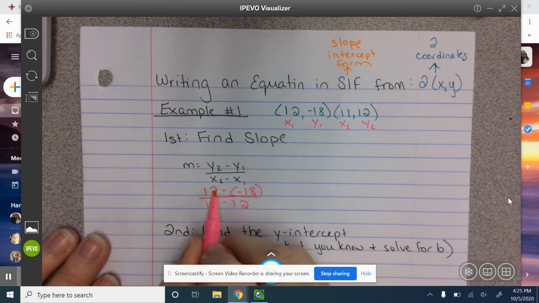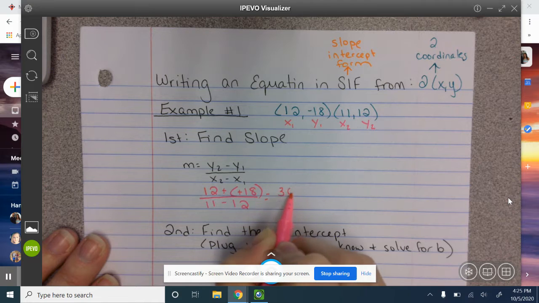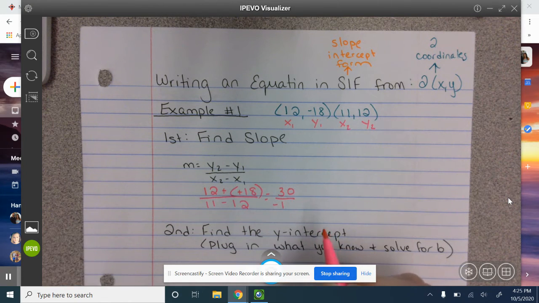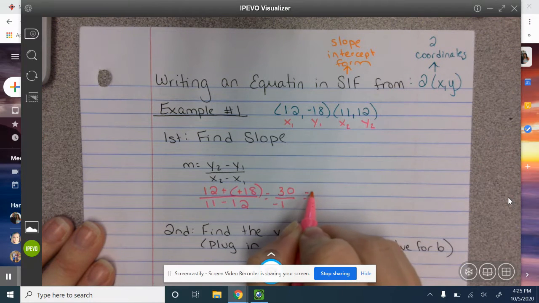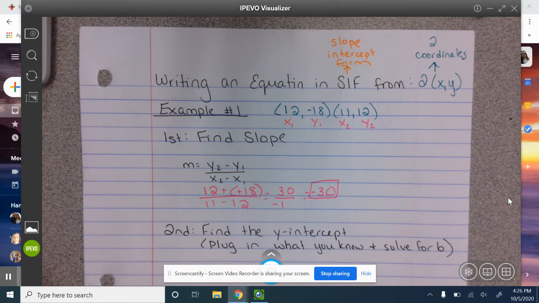Up on the top, remember, we're going to keep change, and we're going to end up with 30 over 11 minus 12 is -1. 30 over -1 can simply be written as -30. So my slope is -30.